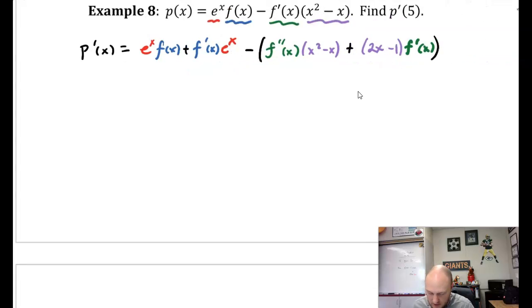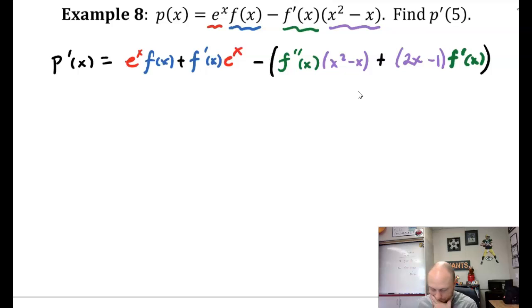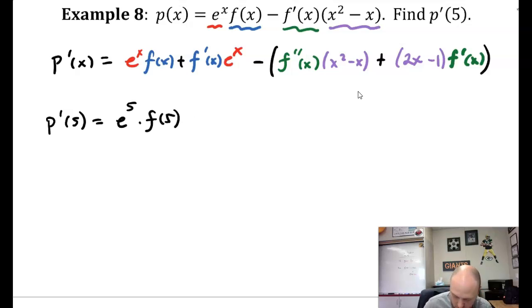All right, and so what I'm going to do, do I want to clean it up? You know what? I think I'm just going to leave it like that. So p prime of 5. We have e to the 5th times f of 5 plus f prime of 5 times e to the 5th. Okay.